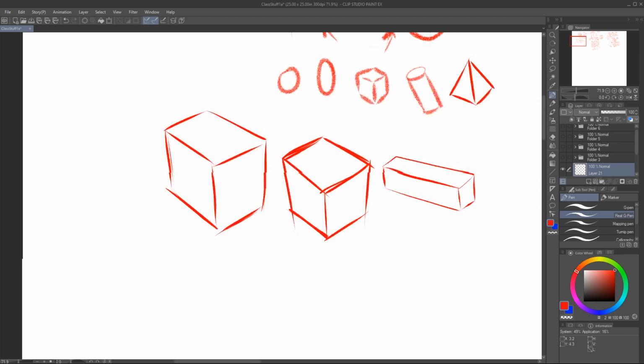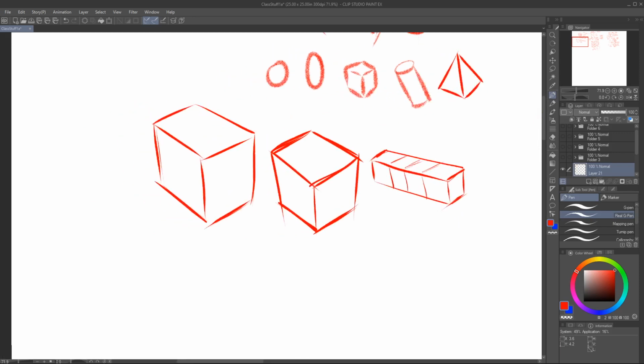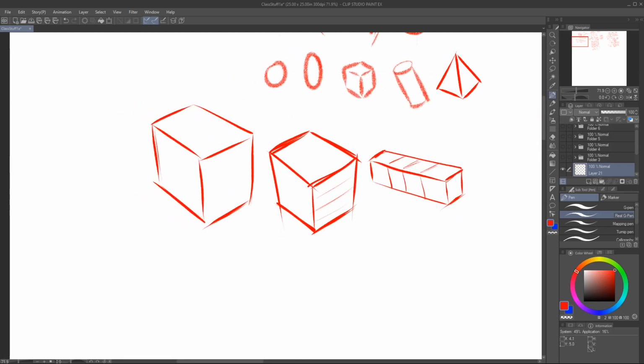But a thing to keep in mind is the lines on the cube, like this, are always going to be parallel with each other on the side they're facing.